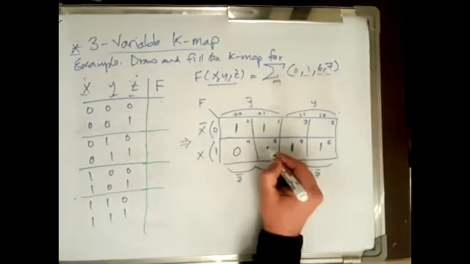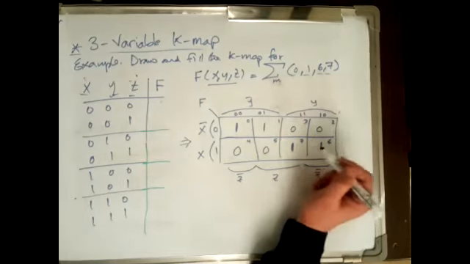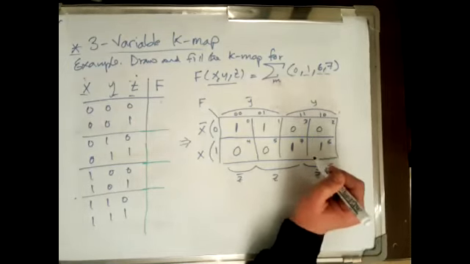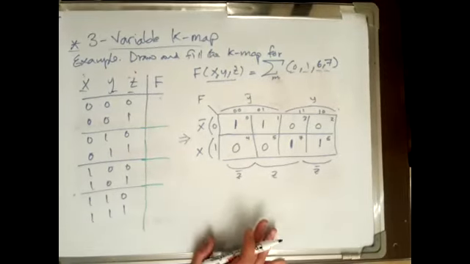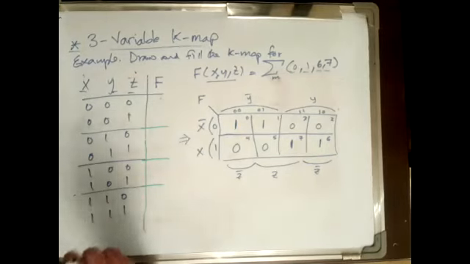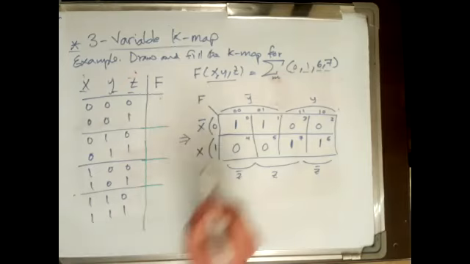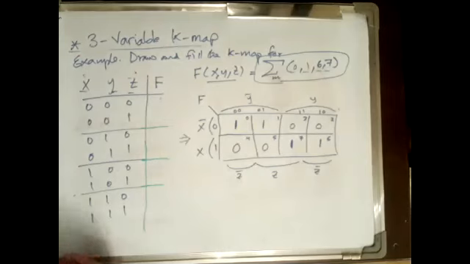Usually we don't have to fill the zeros because they are implied. If they are not ones, then they are zeros. So this is what is required by the example. However, let's try to do what we did in the two variable case. Let's try to simplify this function using algebra and see how this corresponds to the map.